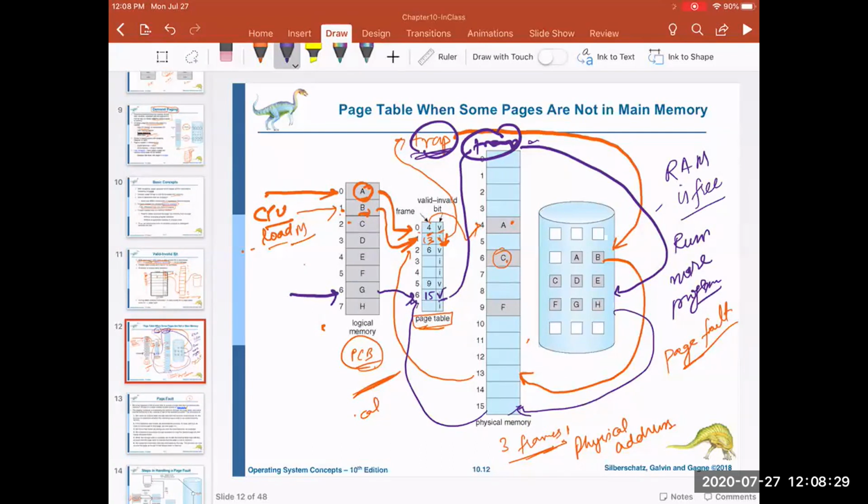So keeping that code inside the memory would just be wastage of memory. Rather than keeping it there, we keep it on the secondary storage. Whenever it is required, it would be called into RAM, and then the CPU would start executing once it is updated in the page table. I hope it is clear to you how this is managed and why this frees up memory and why this helps in multi-programming.